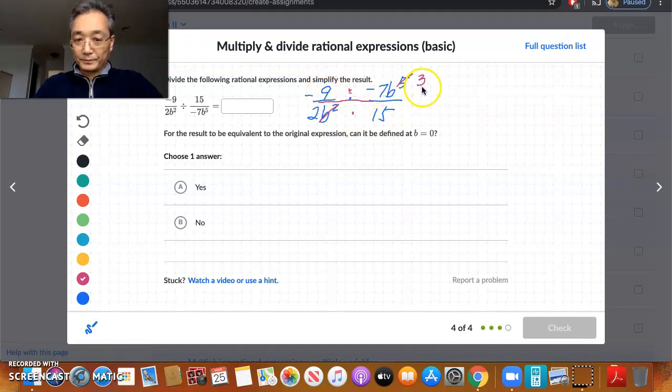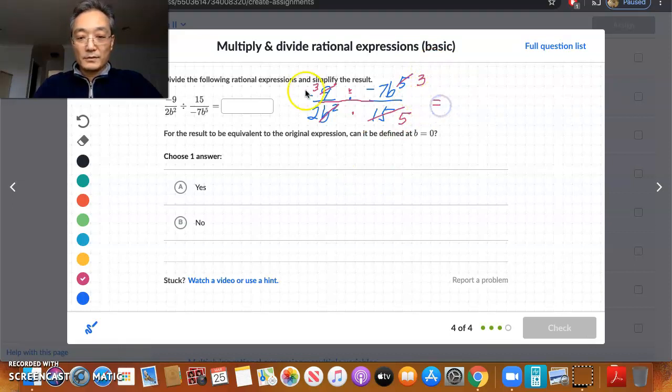So a common factor of 9 and 15 is 3. So it looks like that's going to be 3, and 3 goes into 15 5 times, like that. And I think that's it.